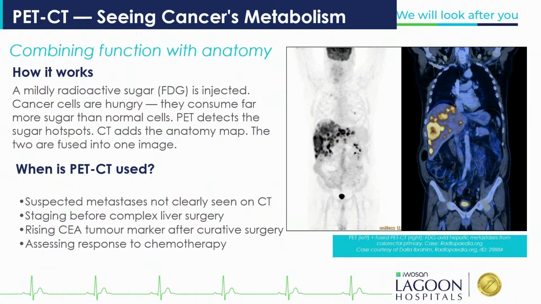So when you give that radioactive sugar, it basically lights up. And that's what we see on the CT scan. So even areas that are really, really small and you're not sure, oh, is this a metastasis? Is it a lymph node? Is it fibrosis from surgery? With the PET CT, all that is basically clarified.